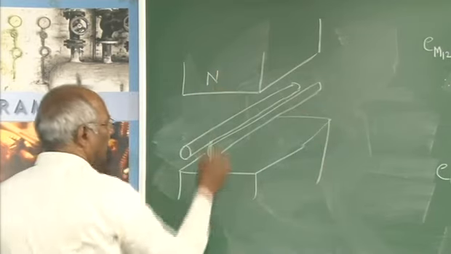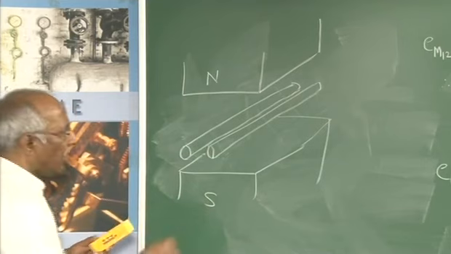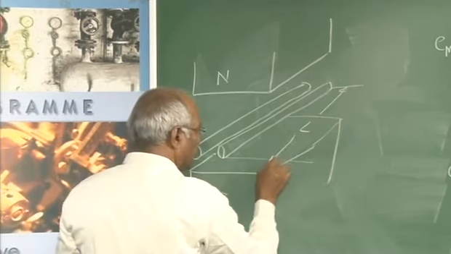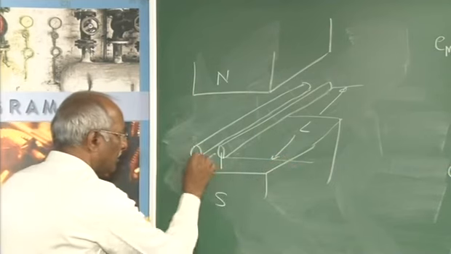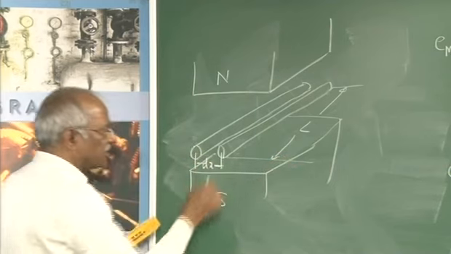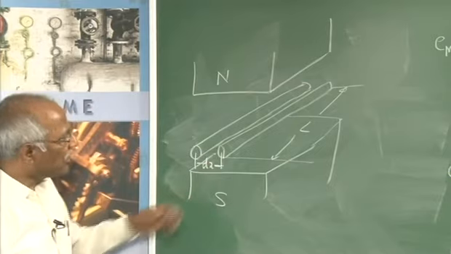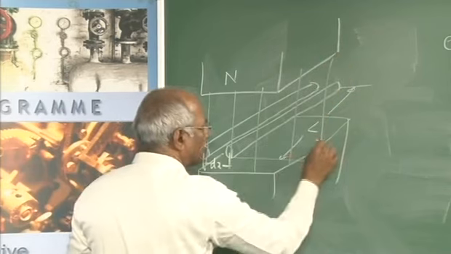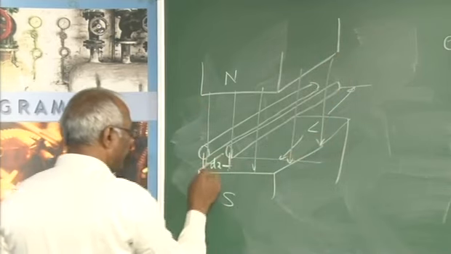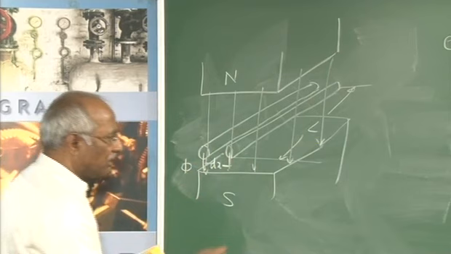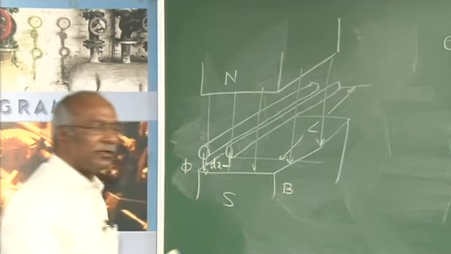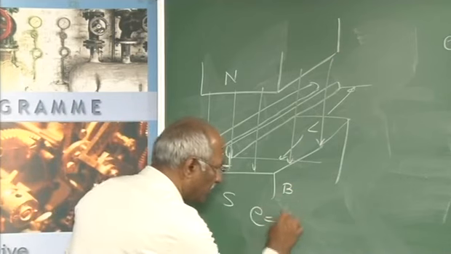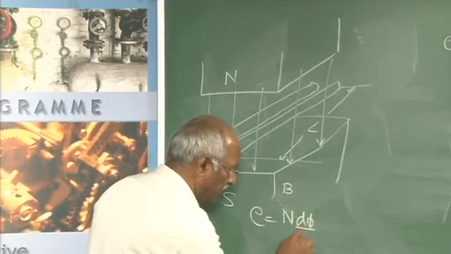If this is north pole and this is south pole, I have a conductor of length L. Consider this distance to be dx. The field is obviously here, and the magnetic field strength is B. The EMF induced in the conductor will be equal to N d phi by dt.